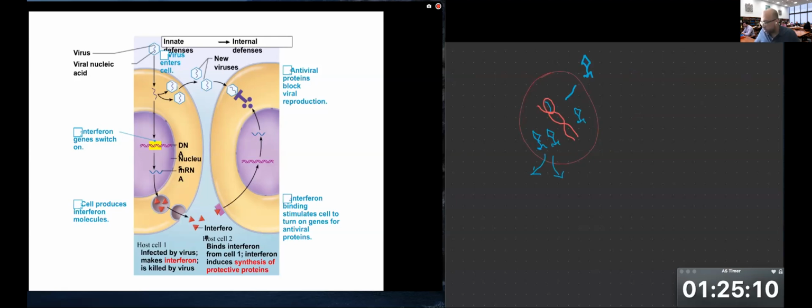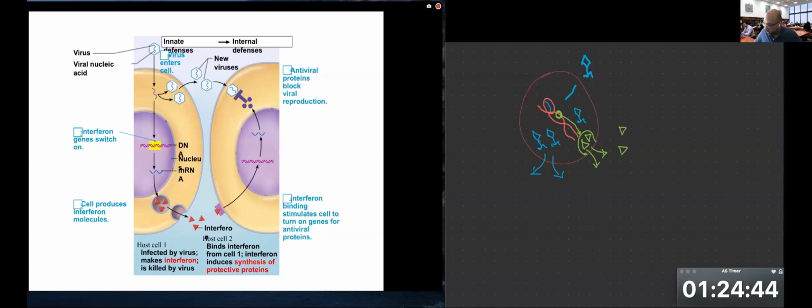So to interfere with the progression here of the infection, we've got some genes that will be turned on in the infected cells. And those genes are coding for special proteins that we've called the interferons, and those interferons are going to be released to the outside of the infected cell as warning messages to the neighbor cells.